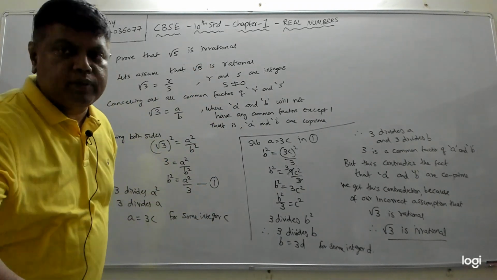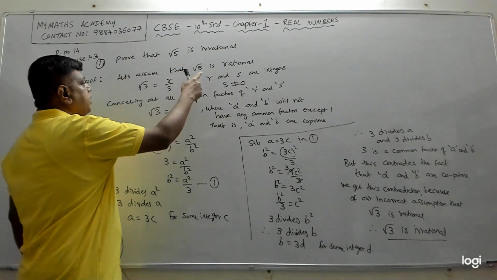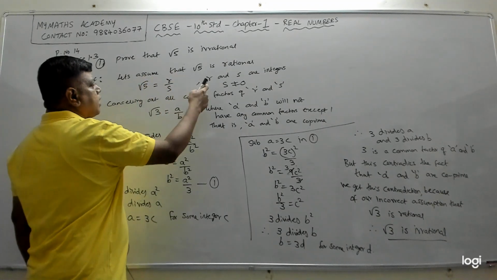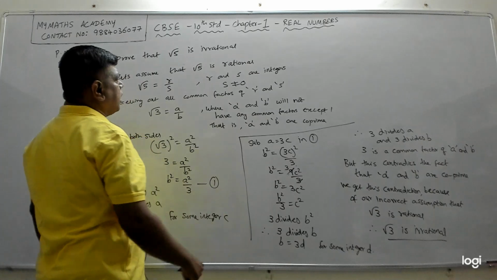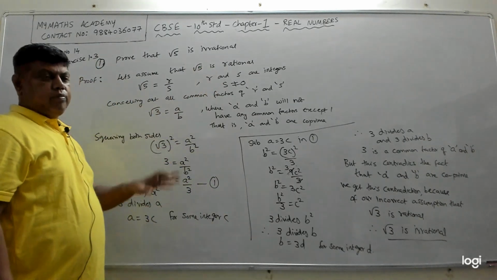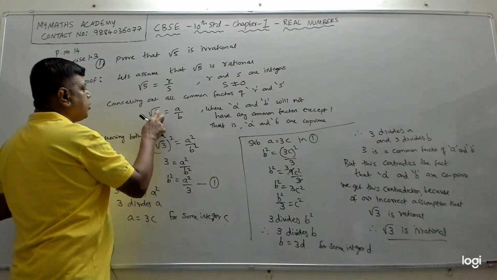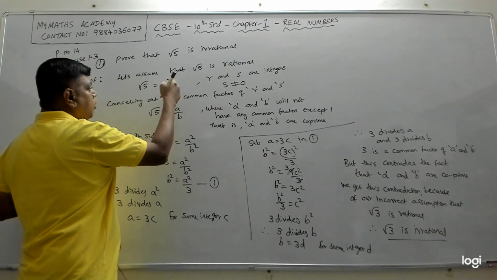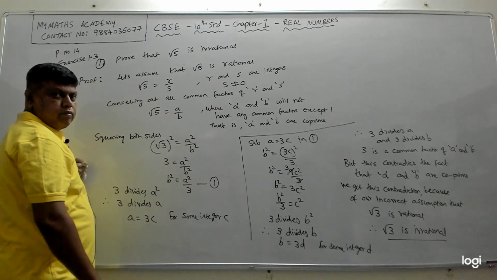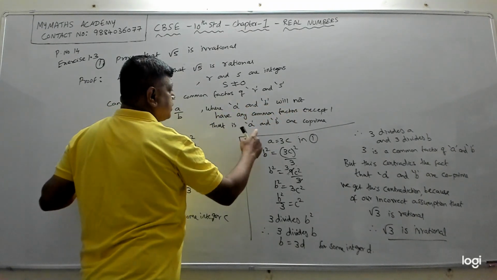When root 5 is rational, I can write root 5 equal to r by s, where r and s are integers and s is not equal to 0. That is the definition of a rational number. Now cancelling out all common factors of r and s, r by s will become a by b, where a and b will not have any common factors except 1, that is, a and b are co-prime.